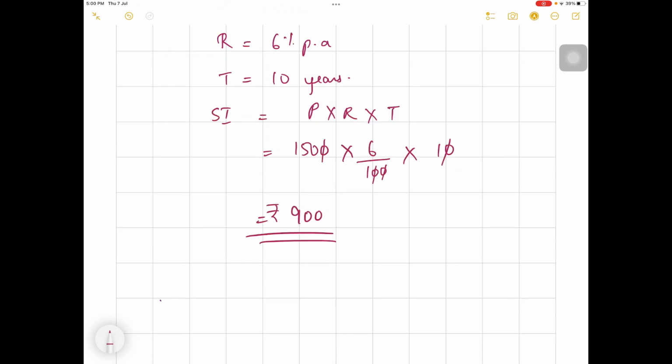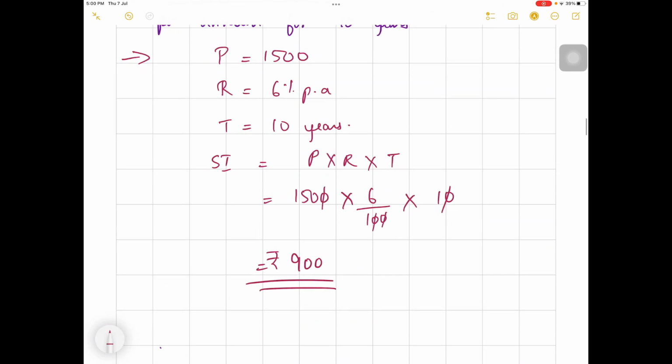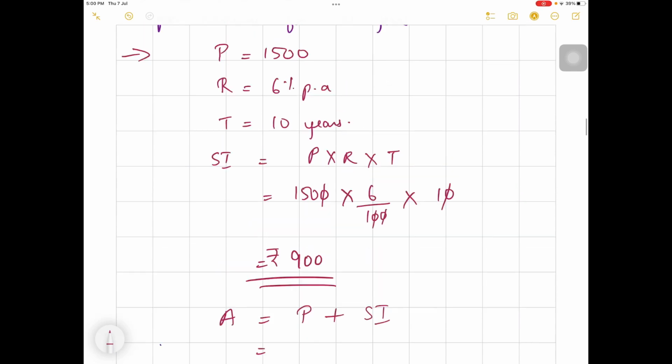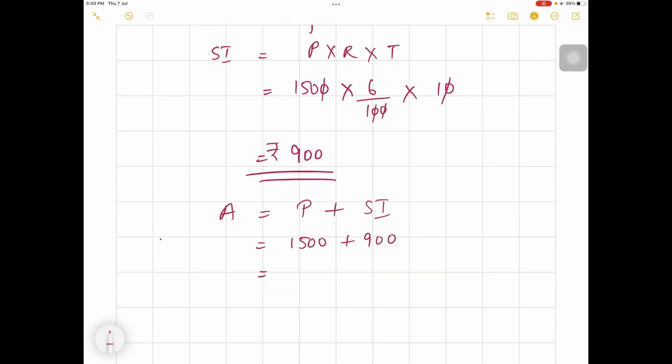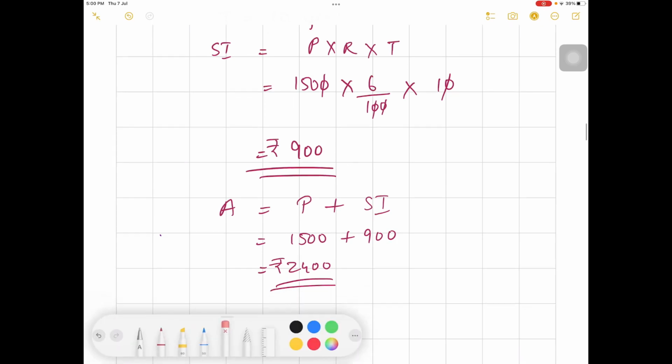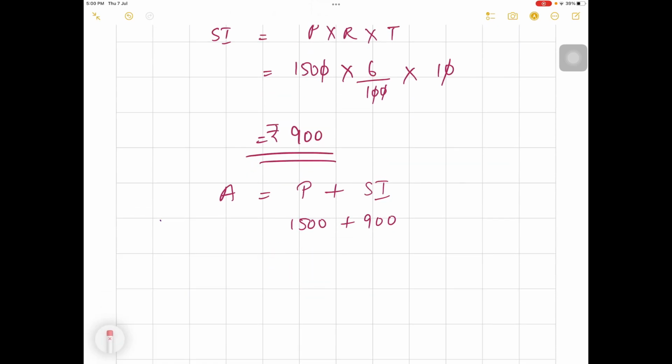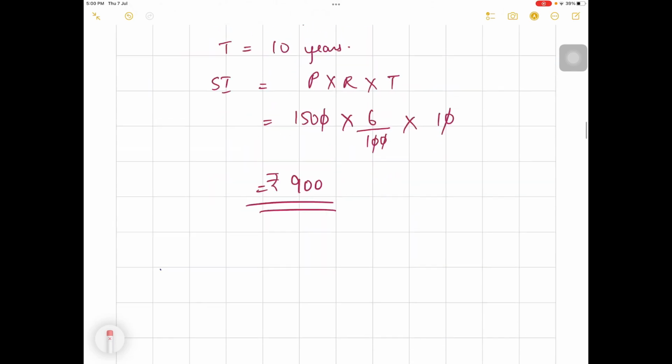Suppose in the question the amount was asked, you would have done the same thing till here, and then amount is equal to principal plus simple interest, which is 1,500 plus 900, which is 2,400, right? Rupees 2,400 in case the amount was asked. Now you don't need to do this, only simple interest is asked, so you will do only till here.